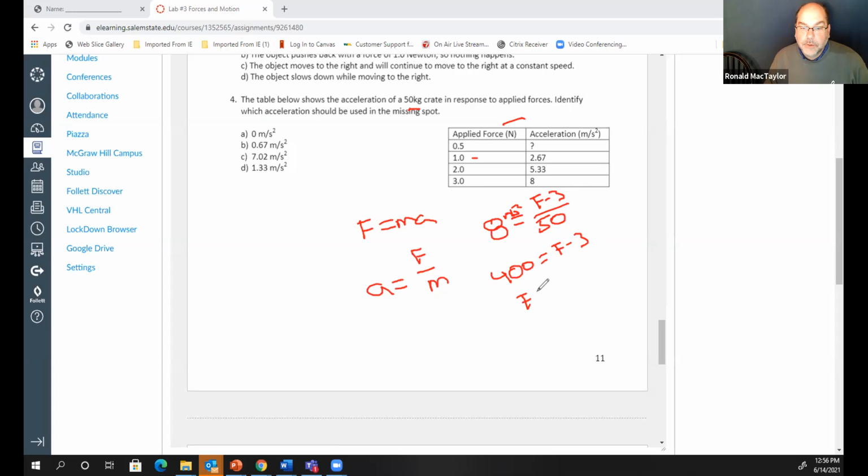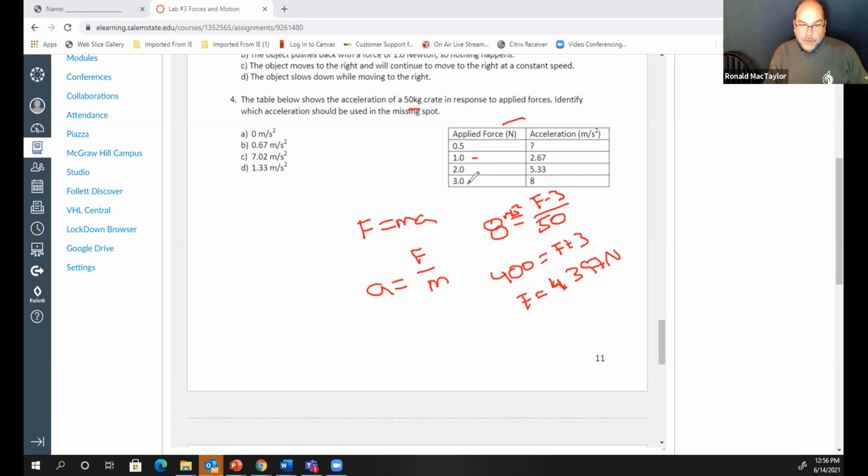So the force equals force plus 3, 397 newtons.